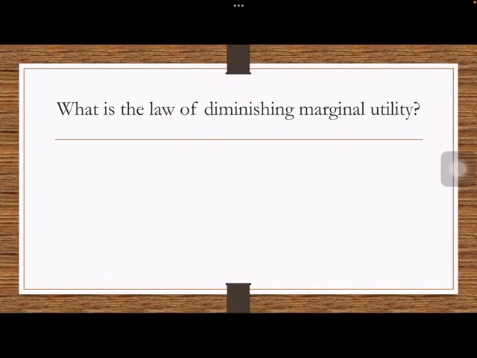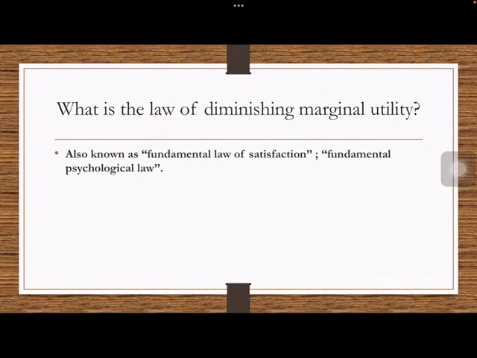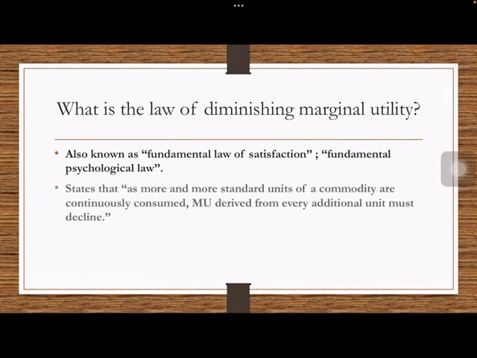Let us understand the law of diminishing marginal utility. The law of diminishing marginal utility is also called the fundamental law of satisfaction. The law tells that when a consumer is consuming more and more units of a commodity, the additional utility from each unit decreases with the increase in consumption.